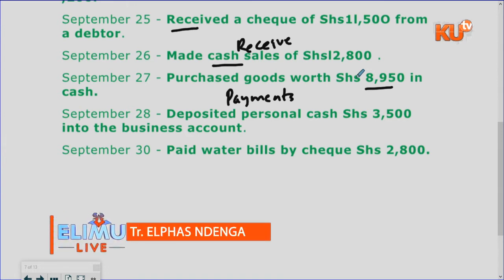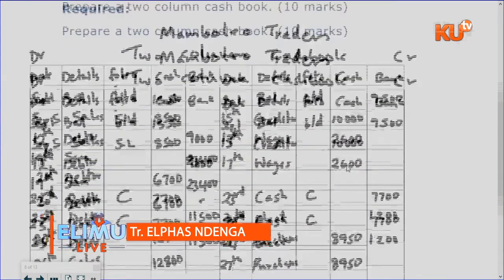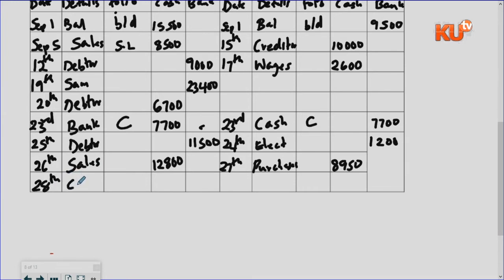So we have that is on 28th. There is a receipt of. So we have that is in cash, or simply write additional investments, cash of 3,500.